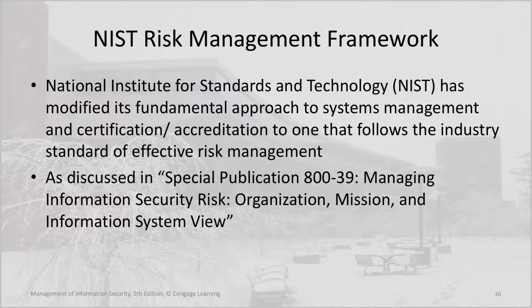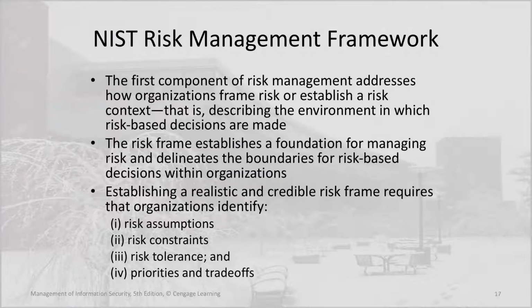As discussed in Special Publication 800-39, Managing Information Security Risk, Organization, Mission, and Information System View. The first component of risk management addresses how organizations frame risk or establish a risk context, that is, describing the environment in which risk-based decisions are made.